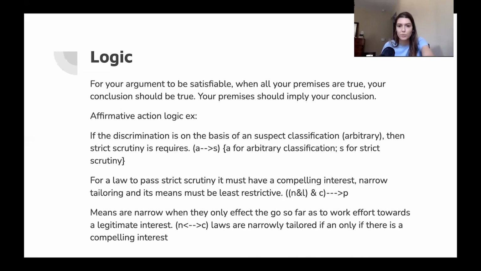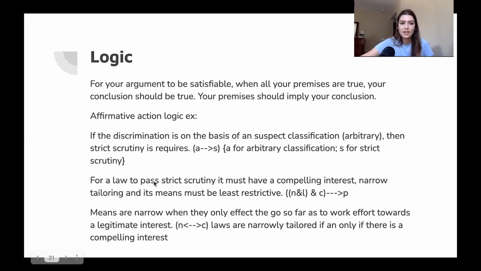So right here I have N for narrow tailoring and L for least restrictive. Those are kind of the same thing, so I have them in one parentheses combined with compelling interest. All of these things together are a condition for passing strict scrutiny. So we have a conditional, then passes strict scrutiny.